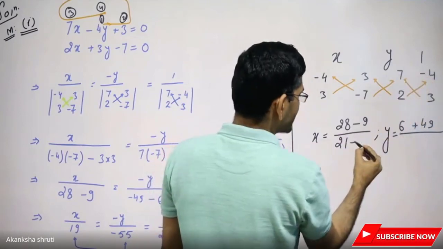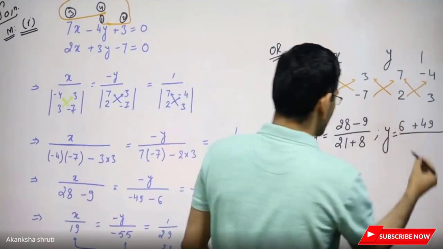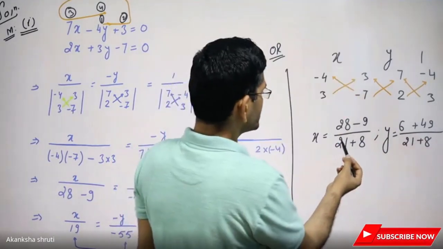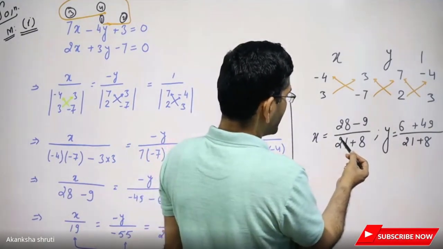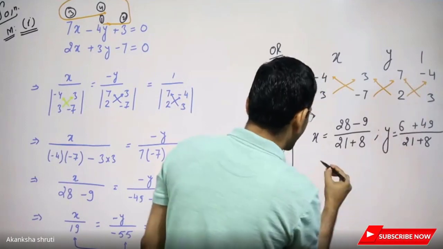So minus and minus will turn plus. 4 2s are 8. The same denominator will also come here. 21 plus 8. So student, this way the common denominator of x and y we have written from this one. So just in one step we can get this.